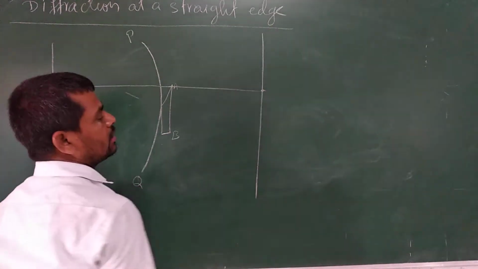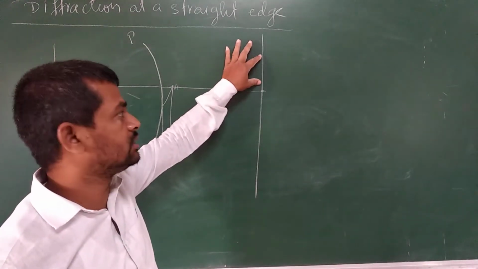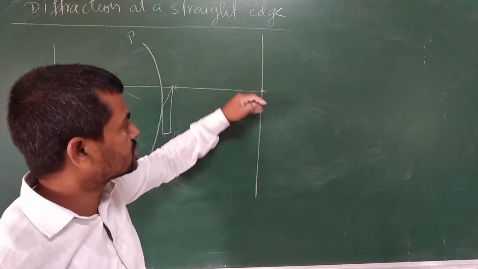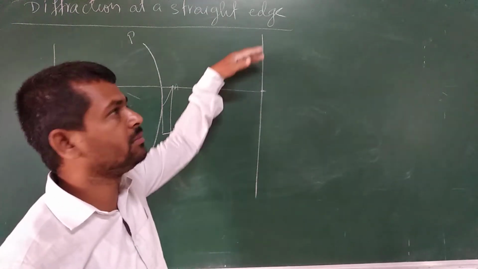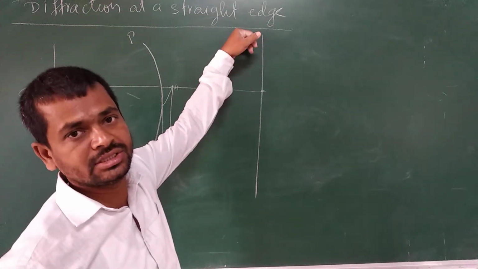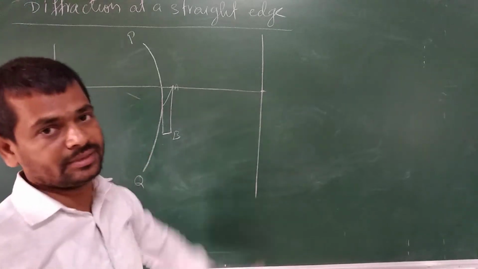Above it, as you move in this direction, the intensity decreases gradually, but on this side the intensity decreases sharply. Gradually means slowly on this side, but rapidly on the other side.